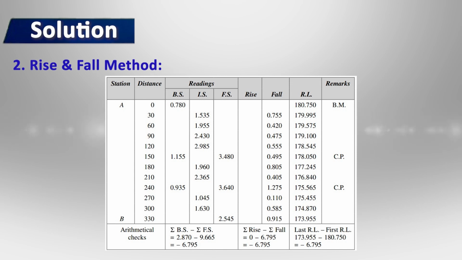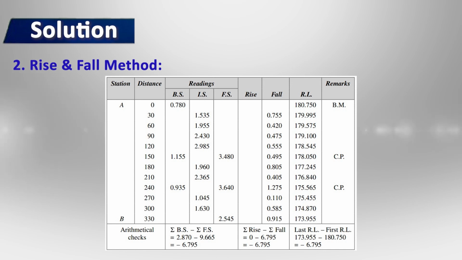So, 0.935 will be subtracted from 1.045, which will result in 0.110, and again 1.045 minus 1.630 will result in 0.585, and lastly 1.630 minus 2.545 will give a negative value of 0.915, hence it will go in the category of fall.